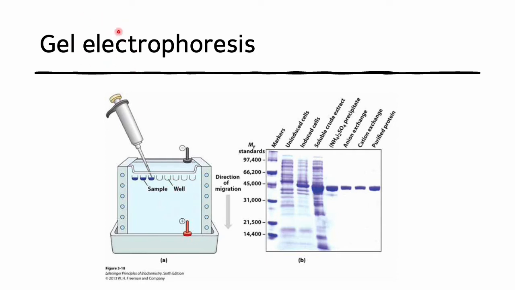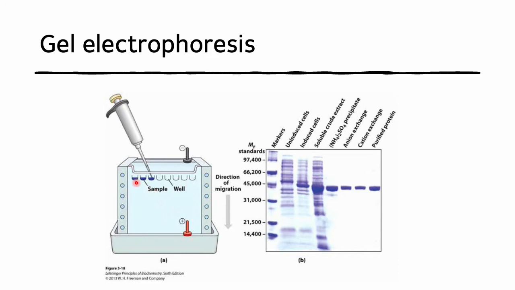And gel electrophoresis is the technique used to separate proteins with the help of gel and with the help of charge. Here, the plus charge goes to the bottom, and the minus charge goes to the top.